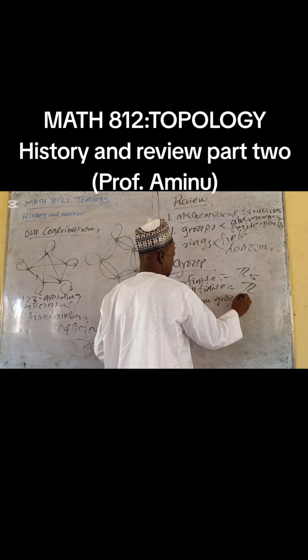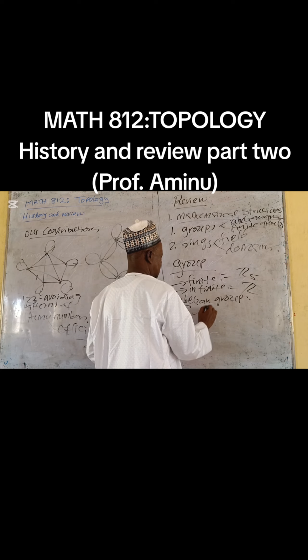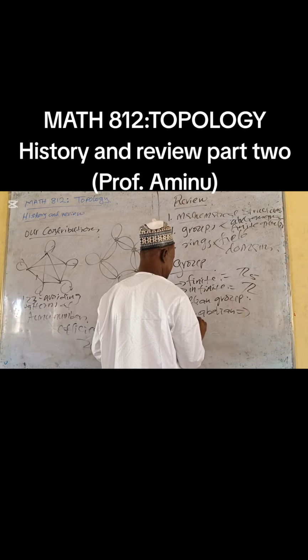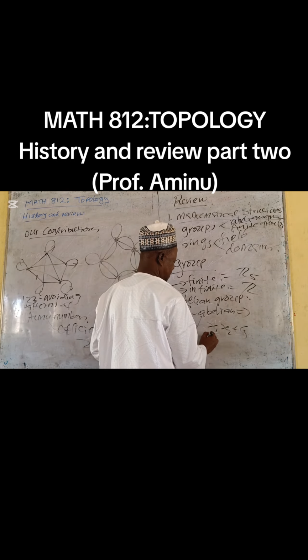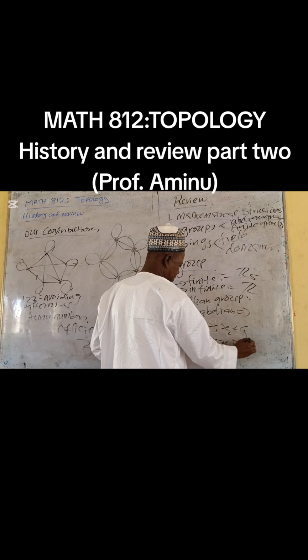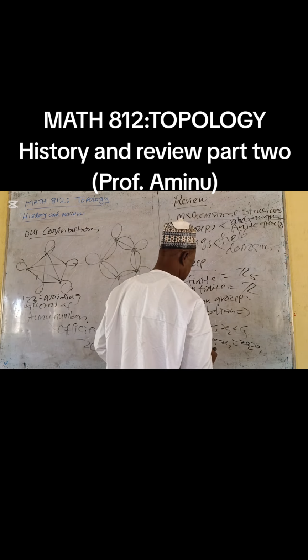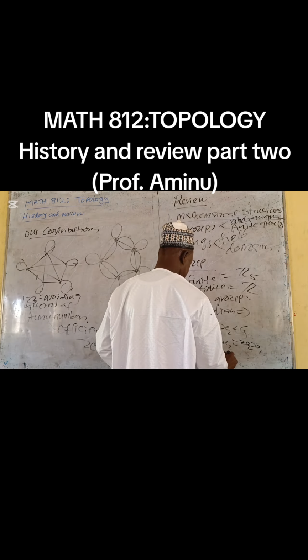What are abelian groups? G abelian implies what? For any x1, x2 in G, x1, x2 is the same as x2, x1, okay? So another name for this is commutative.